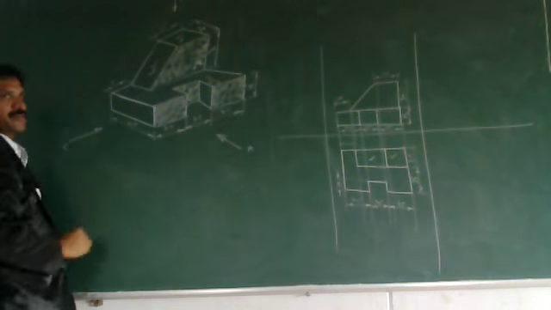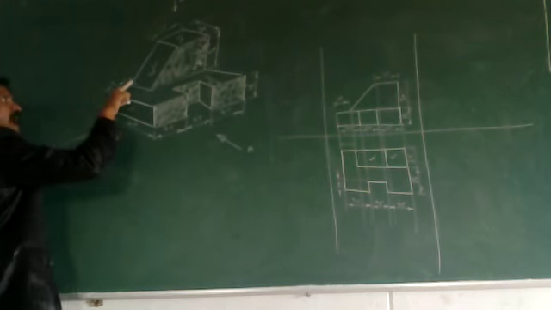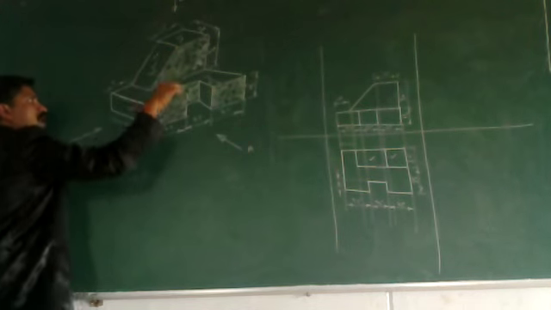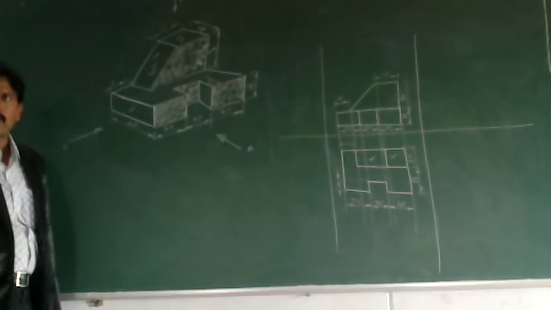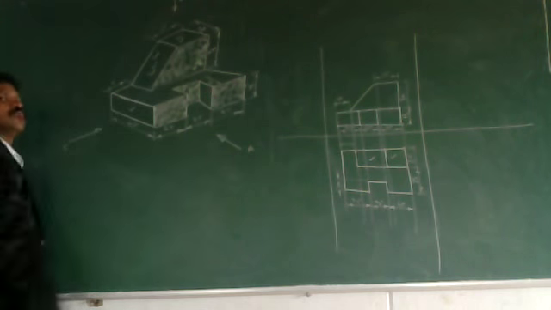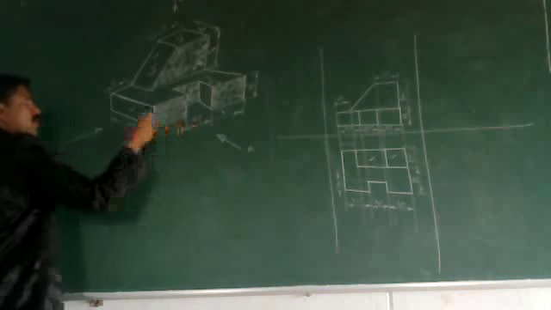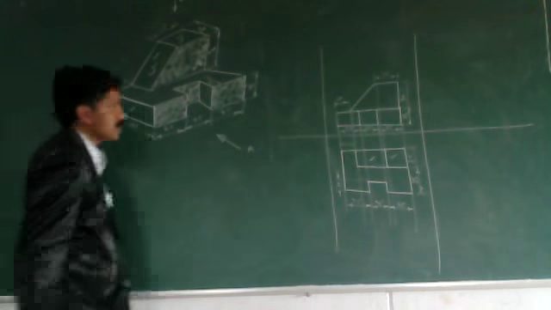Now concentrate on the side. So please observe from this direction. In this direction, this rectangle is visible, and this slope rectangle is also visible, and this groove is not visible from the left side. Why? Because this area covers the groove, so the groove is not visible. So here we indicate the dotted line in the side.